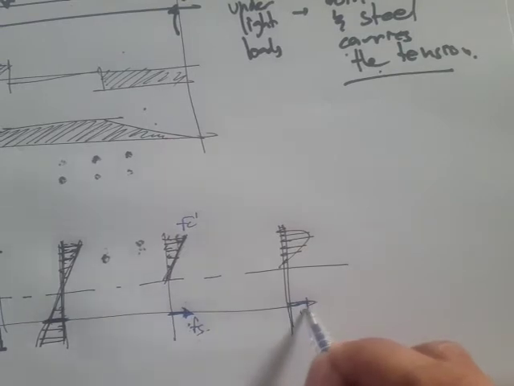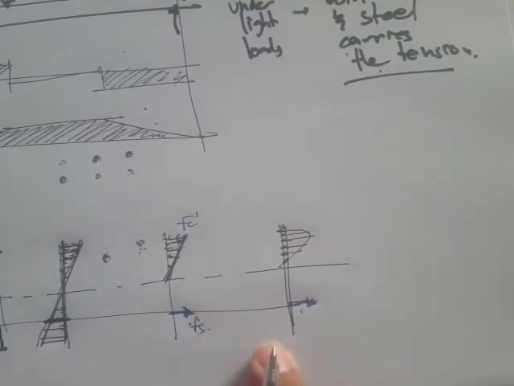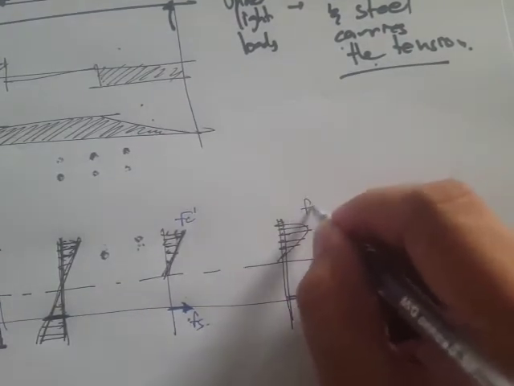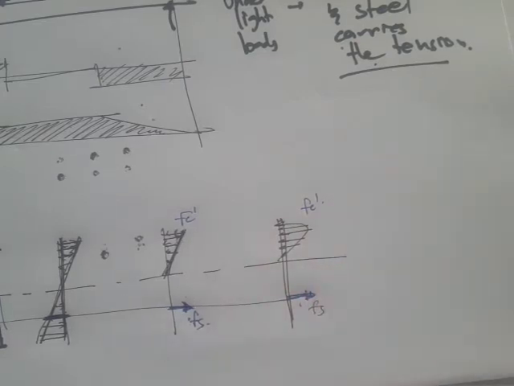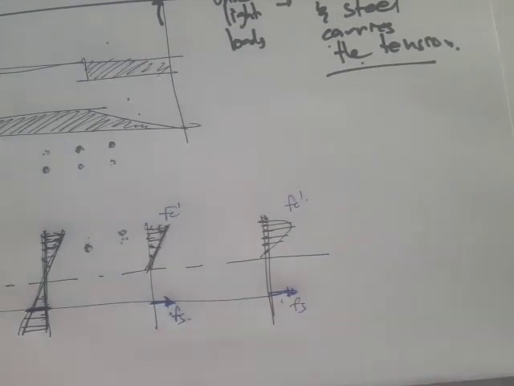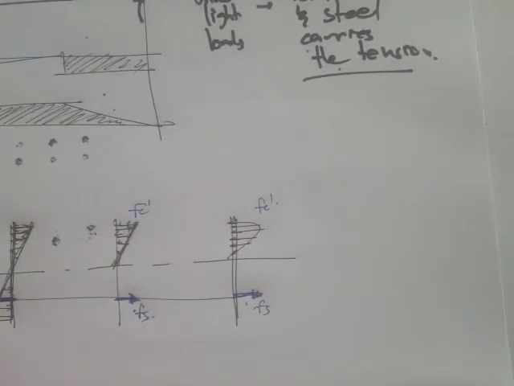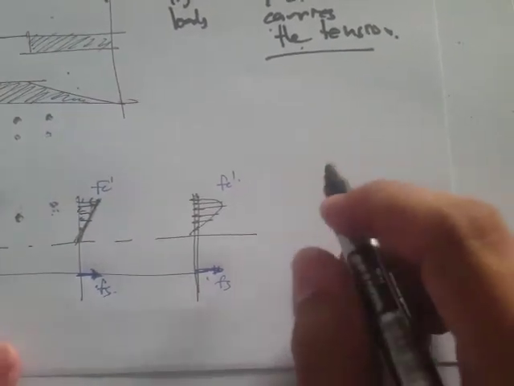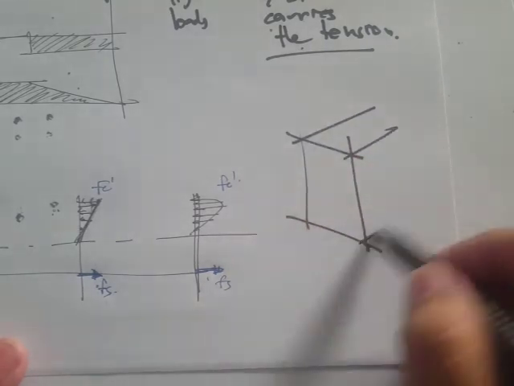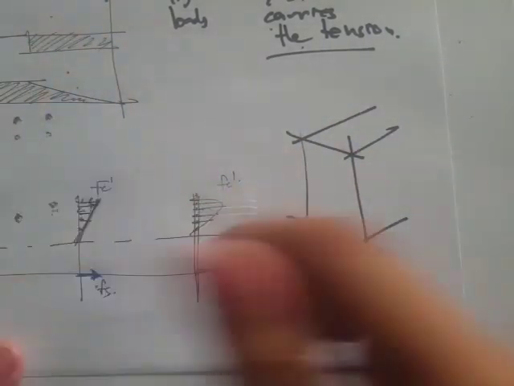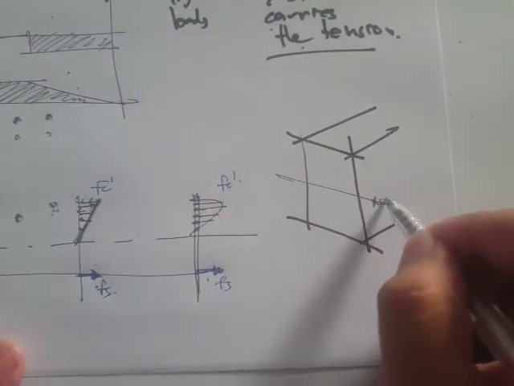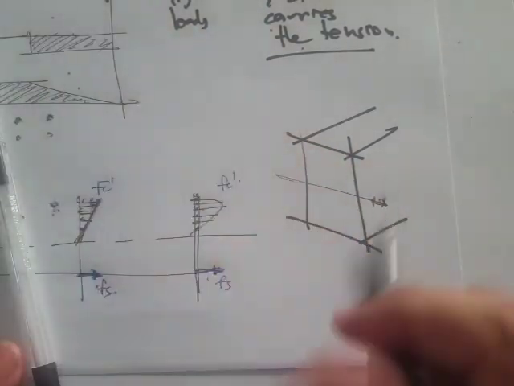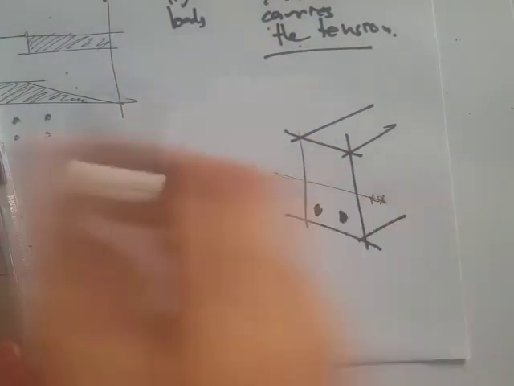Okay, so again, this is the Fs, and then this is the Fc prime. If we try to look at this in a three-dimensional view, what we're actually seeing is something like this. We have these stresses. Let's say this is our neutral axis, and then this is our steel reinforcement.